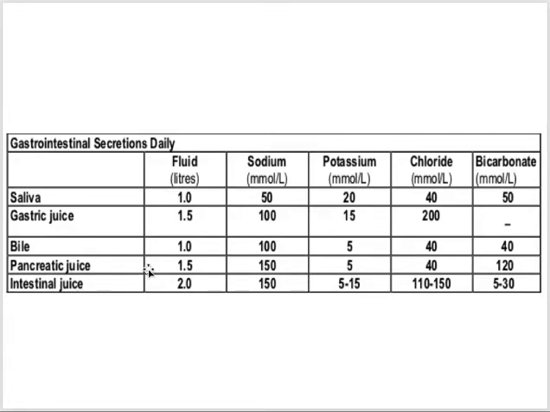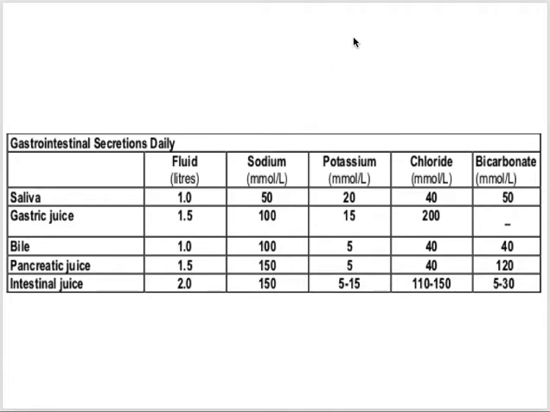So see, this chart is basically talking about the juices: saliva we produce, gastric juice, bile, pancreatic juice, and intestinal juice. How much they are produced daily? 1 liter of saliva, 1.5 liter of gastric juice, 1 liter, and 1.5, 2.2 liter of intestinal juice.